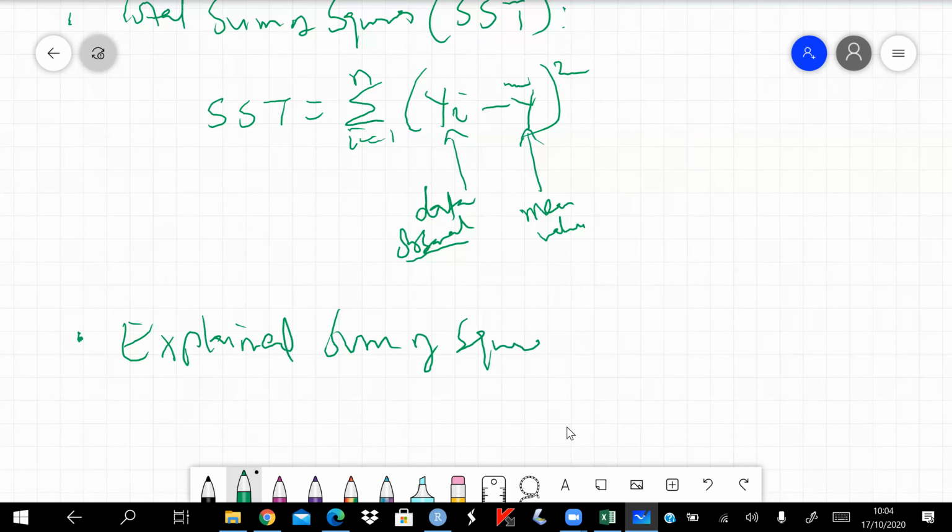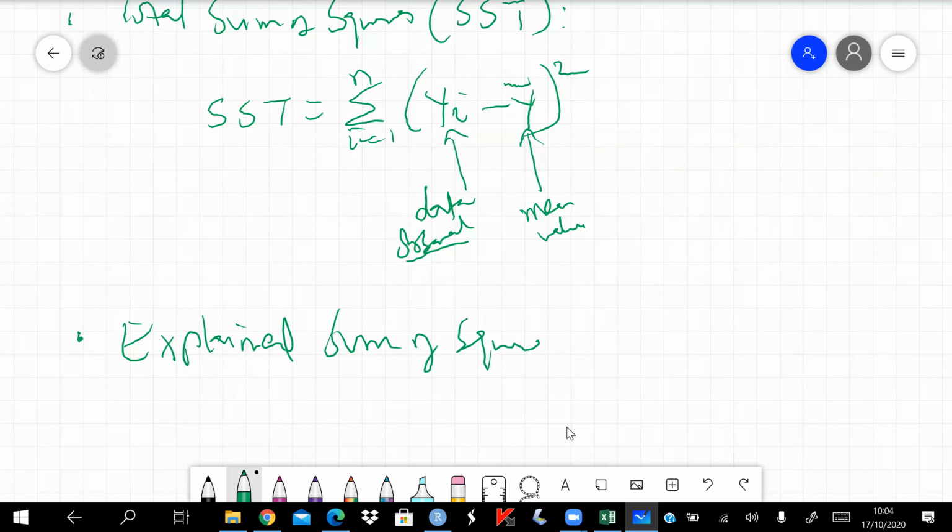SSE is defined as: you take the summation of y hat minus y bar squared, from 1 all the way to n.